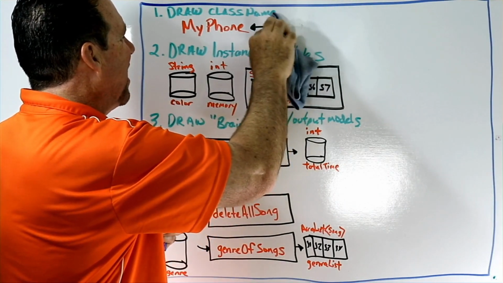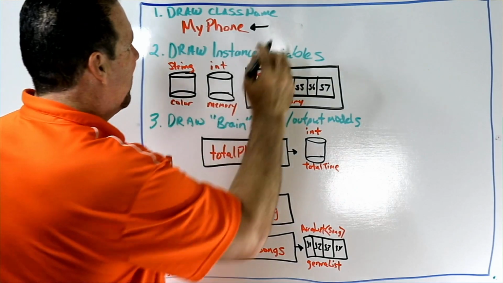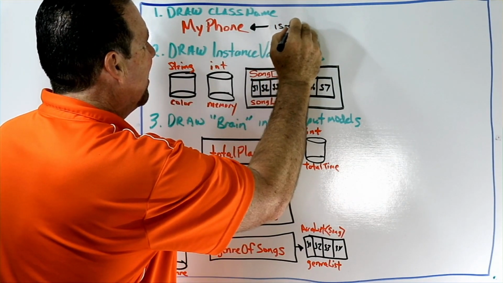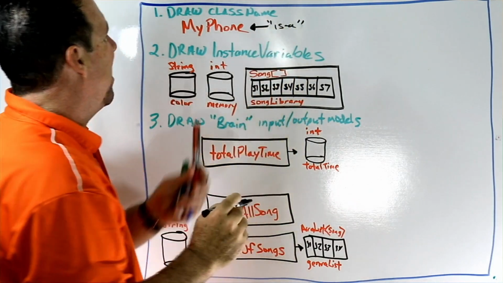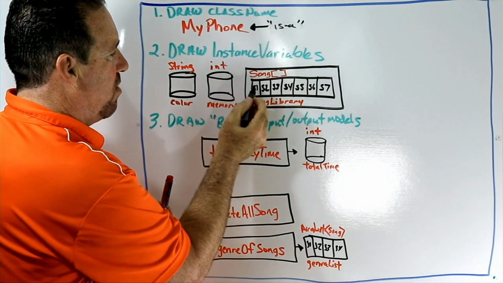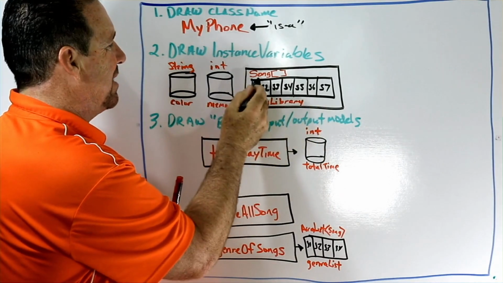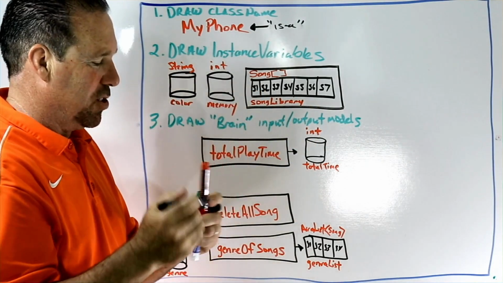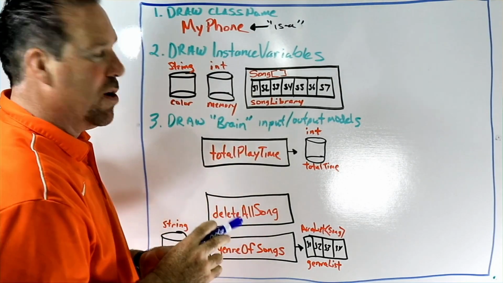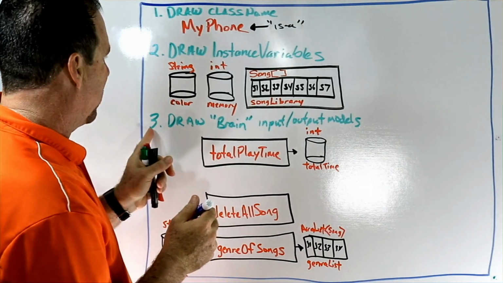Okay, so this is a my phone. But my phone is going to have another class in it, a song class. In fact, let's draw that up and what that looks like just to make sure that we know what that looks like. Okay, so that's three things.